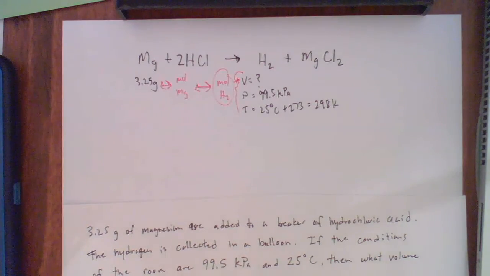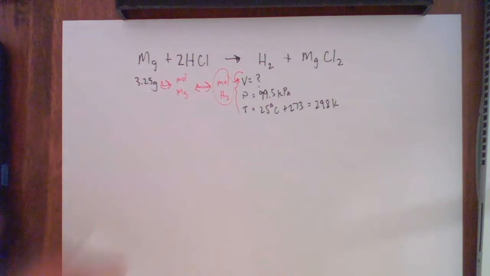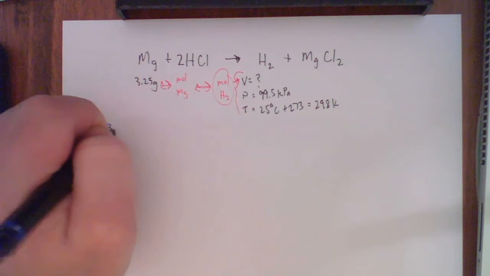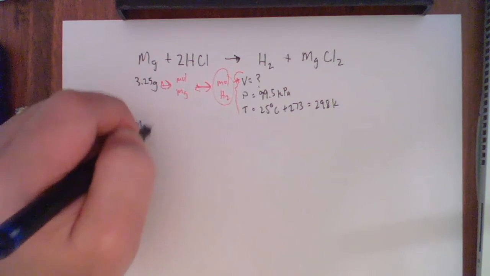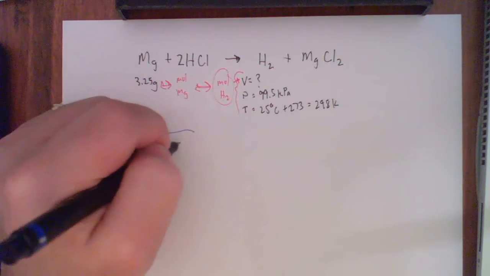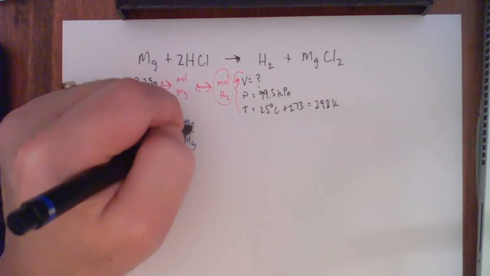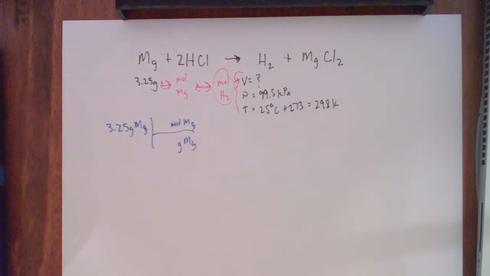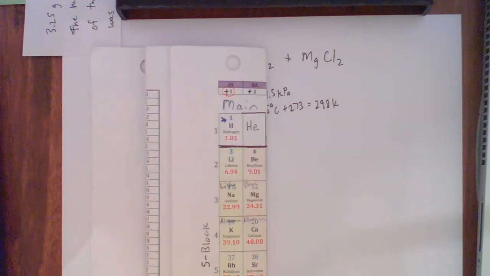So again, we're just going to set this one up. And so it's going to be our 3.25 grams of magnesium. Grams of magnesium down on the bottom, moles of magnesium on the top. Grab our periodic table, look up our magnesium, 24.31.